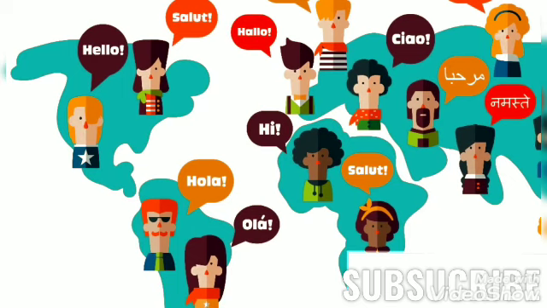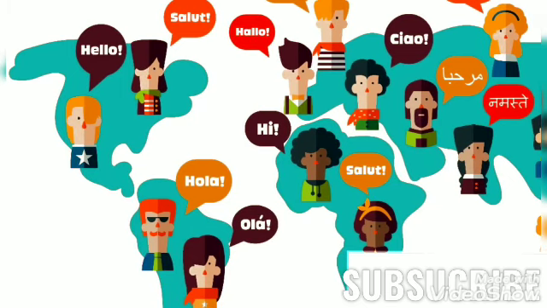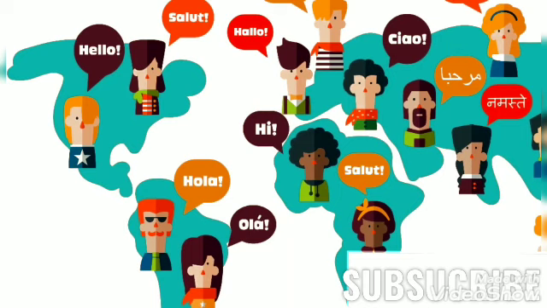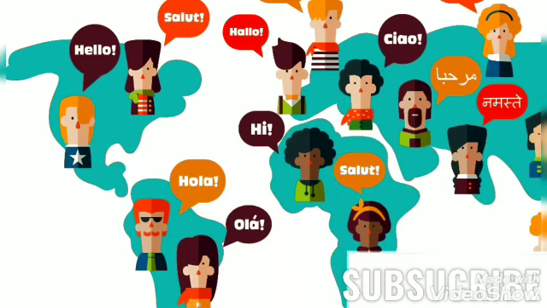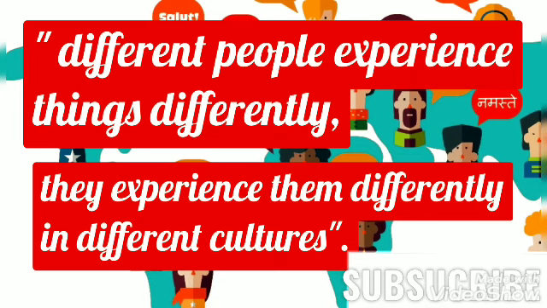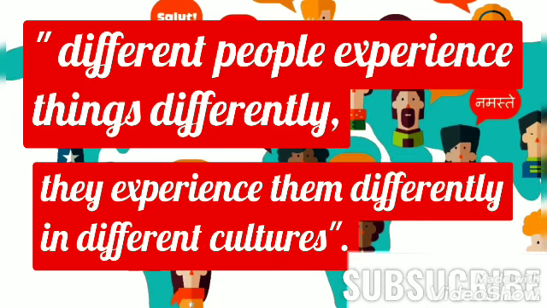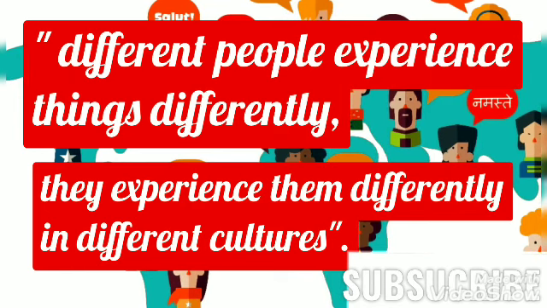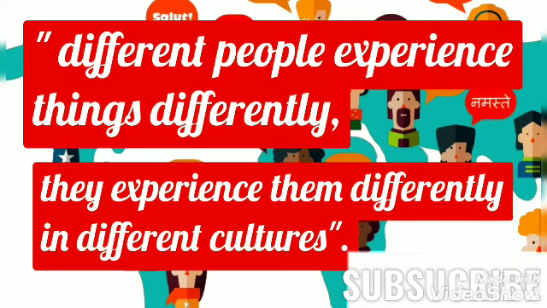The social culture approach to understanding behavior reminds us again of the difficulty of making broad generalizations about human nature. Different people experience things differently, and they experience them differently in different cultures.